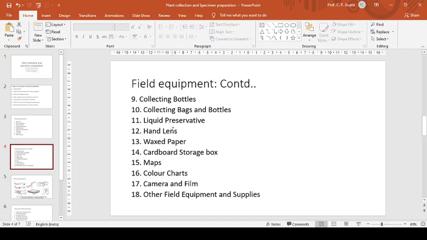Next comes hand lens. A 5x or 10x lens is used in the field for observation and identification. Waxed paper. Sheets of waxed paper are used for pressing viscid or weak looking plants. Cardboard storage box. These are boxes or containers used to store dry material.